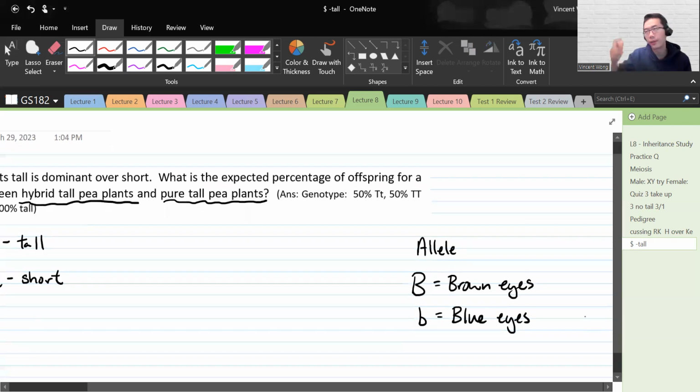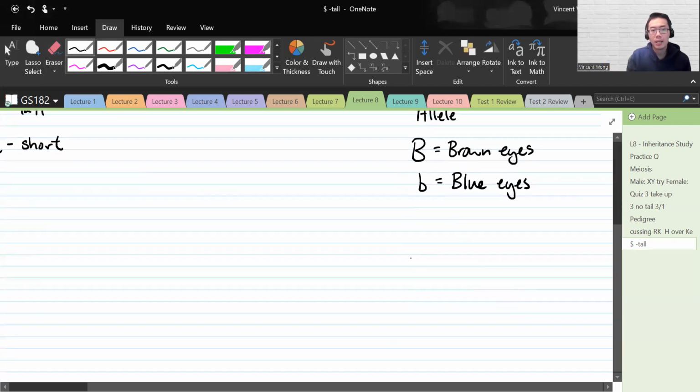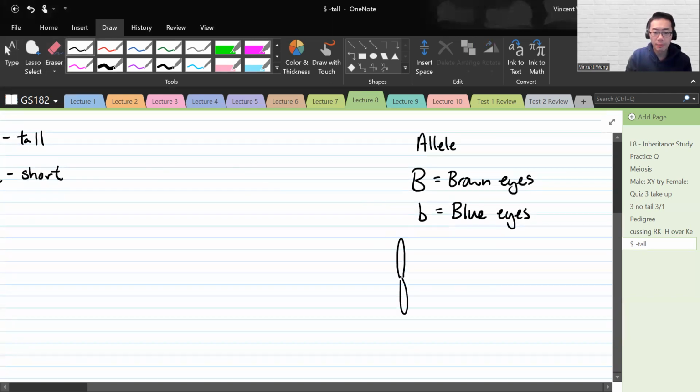There are other eye colors, but let's just stick with brown and blue. Now we are diploid organisms, which means you have two sets of chromosomes, and so on the eye color gene, you might inherit big B, big B.